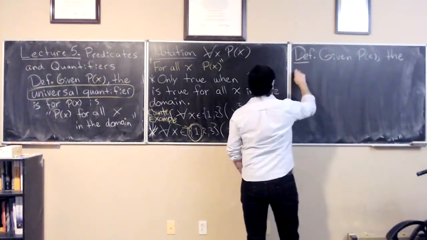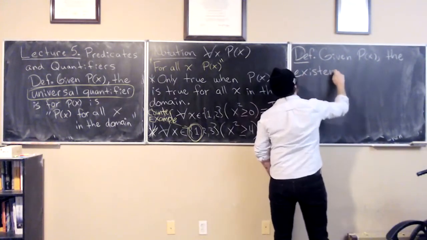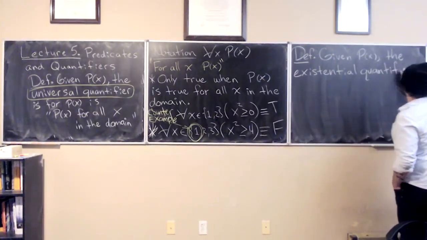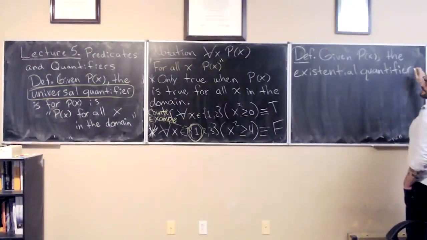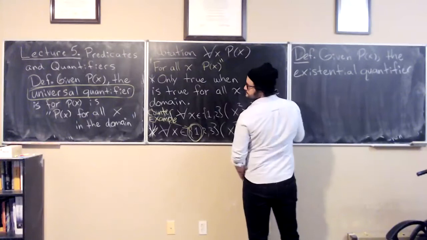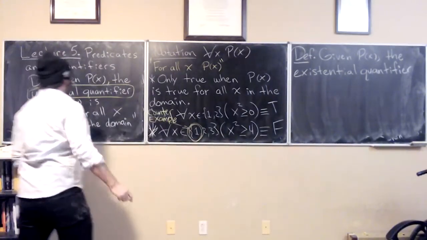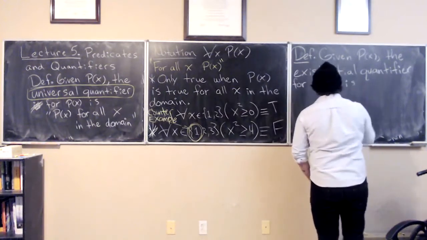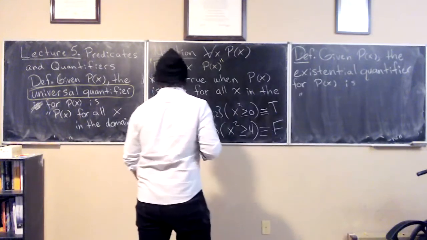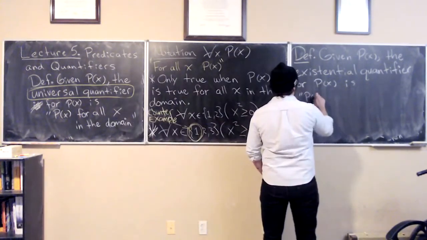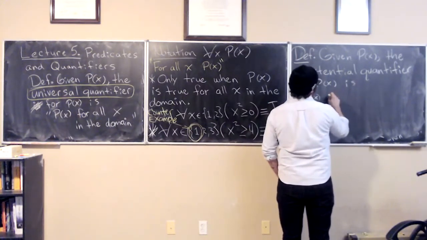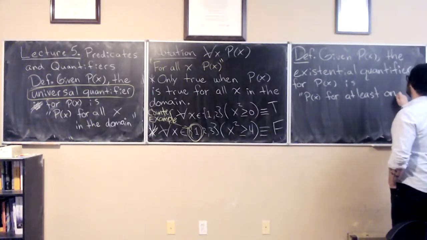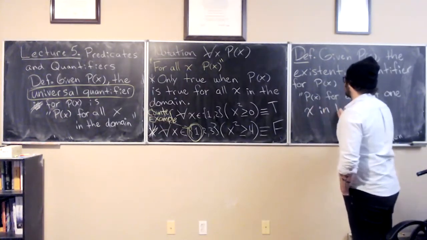The existential quantifier for p of x is, let's see, the best way to write this would be p of x for at least one x in the domain.